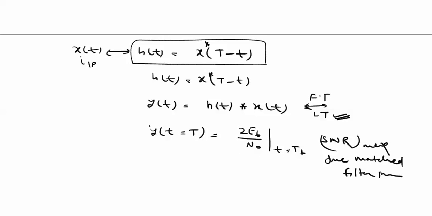SNR is maximum at t equals capital T, equal to 2 E_b upon N naught, where E_b is the bit energy and N naught is the power spectral density of white noise, two-sided.